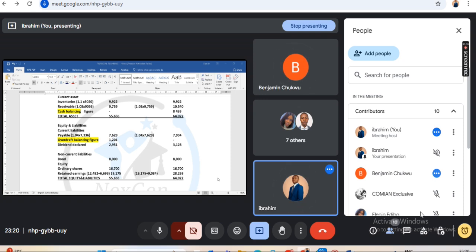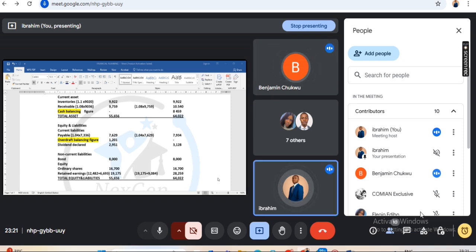You need to understand the objective of preparing the profit or loss, which is to forecast the profit for the year, and the statement of financial position, which is to determine whether we will have cash to run the business in the long run, or we will have to borrow.